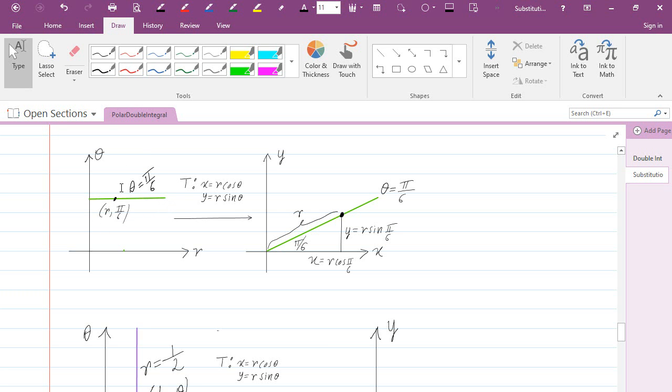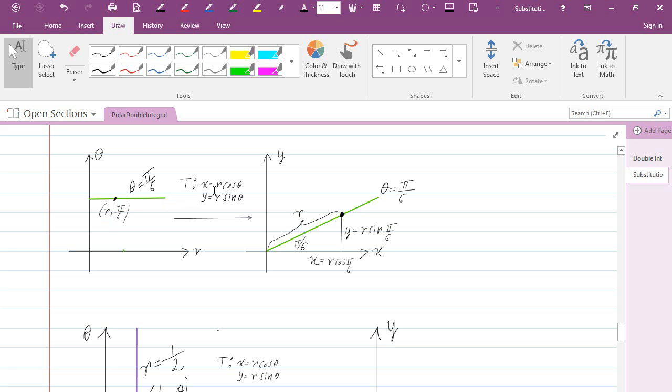This horizontal line in the r theta plane will be mapped onto this ray in the x y plane, where the ray makes an angle pi over 6 with the positive x-axis. To see this, if I pick a point on this horizontal line, the second coordinate is pi over 6, and the first coordinate is some value r.